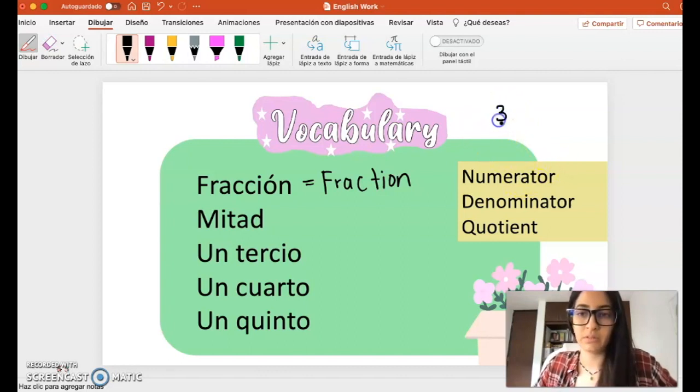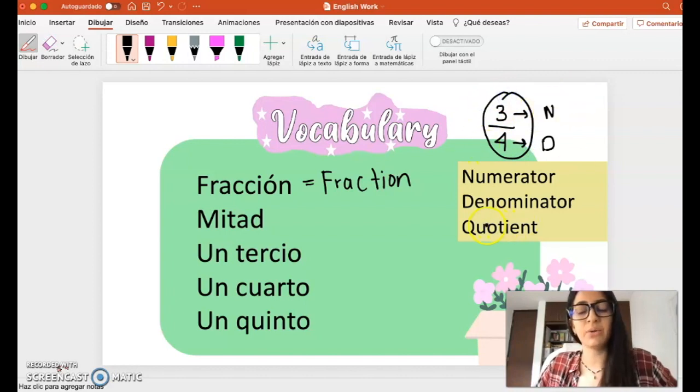Numerator and denominator. So 3 is the numerator and 4 is the denominator. Don't forget that the fraction has these elements. And the quotient is the result of divide the numerator between the denominator.